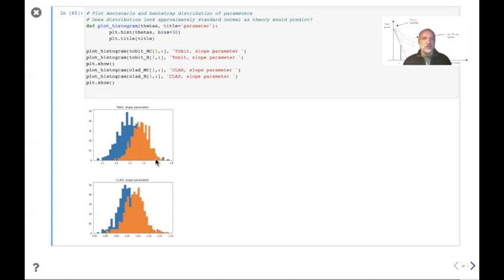The other one is the bootstrap distribution. You have to remember to look at the scale here. The variance here is not that big, and this is far away. The true value is not even on the map for the Tobit. It's right out here, so it's really pushed away from the original distribution. Whereas for the CLAD estimator, both the Monte Carlo distribution and the distribution from the bootstrap sample are fairly close, centered around the true value.